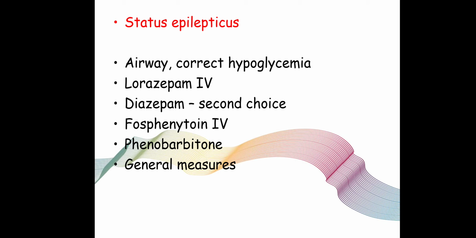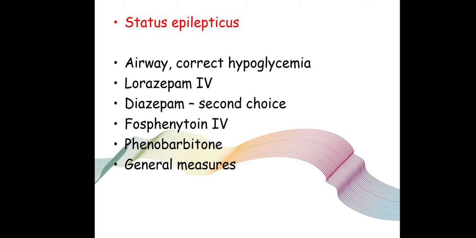The first drug you should give is lorazepam IV. If lorazepam is not available, then only you can give diazepam, otherwise lorazepam is the first choice. Then second, you can go for fosphenytoin IV, that is the add-on, not the replacement of lorazepam. If fosphenytoin is not available, then you can go for phenobarbital.